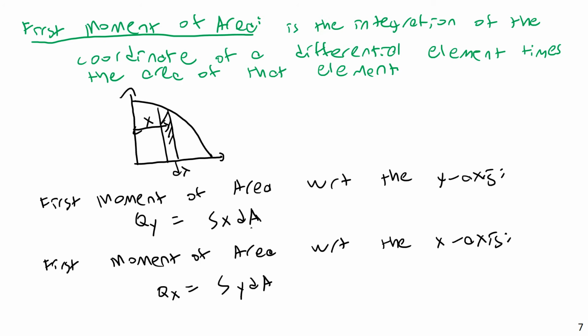It's basically an integration where dA is this piece here, and we're multiplying the x-coordinate of that piece, from the y-axis to the center of that slice, and then integrating across that.